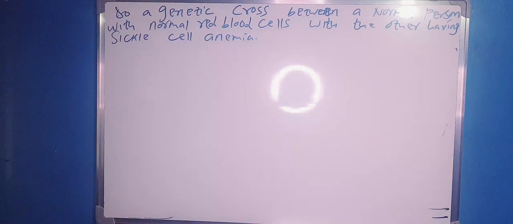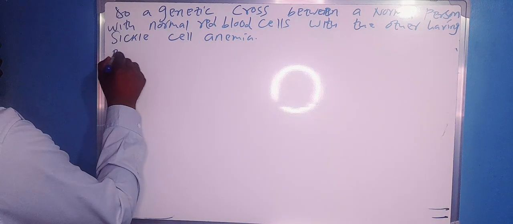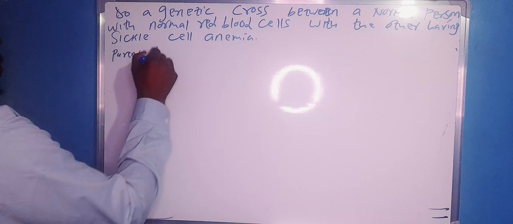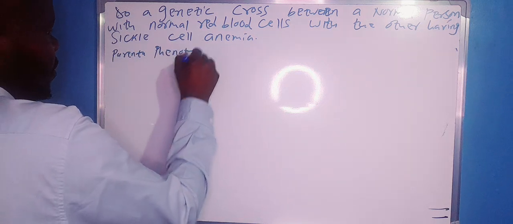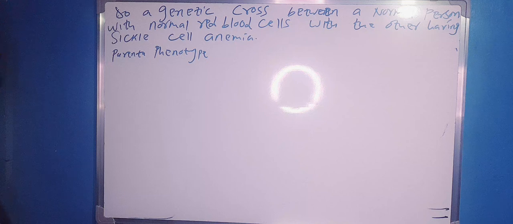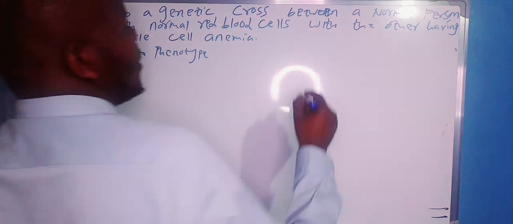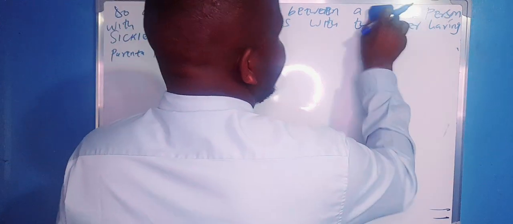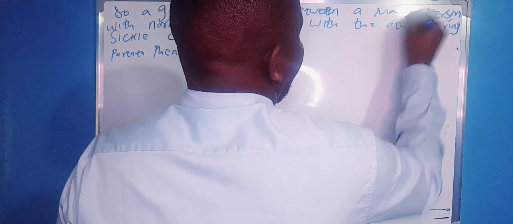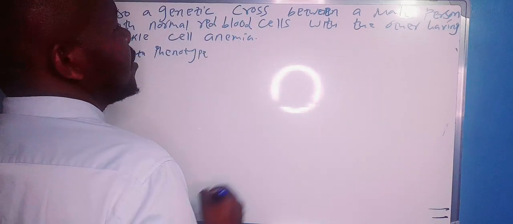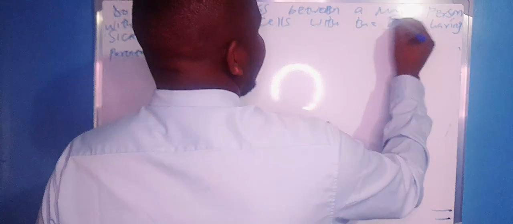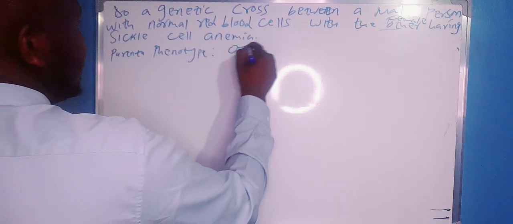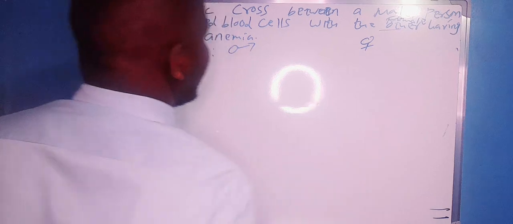So the first step that you should do is your parental phenotype. Let's say a male person with normal red blood cells, then the other, the female, having sickle cell anemia. So we use the symbol of the male and the symbol of the female.